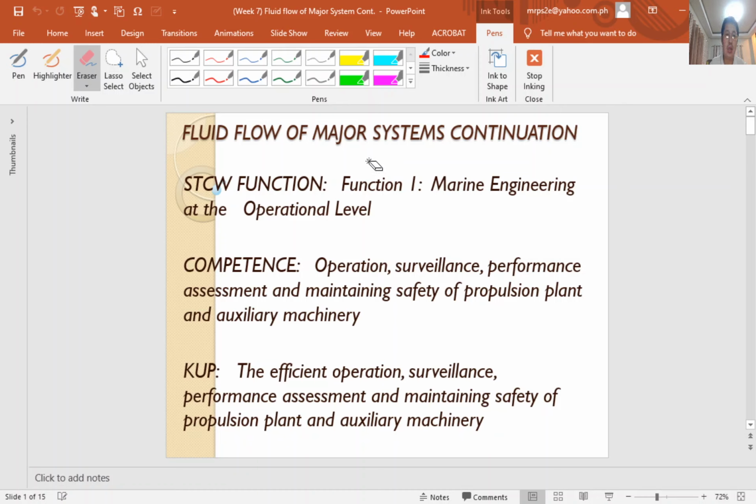This discussion is taken from STCW Function 1, Marine Engineering at the operational level, with the competence of operation, surveillance, performance assessment, and maintaining safety of propulsion plant and auxiliary machinery. Our KUP, which is knowledge, understanding, and proficiency: the efficient operation, surveillance, performance assessment, and maintaining safety of propulsion plant and auxiliary machinery.